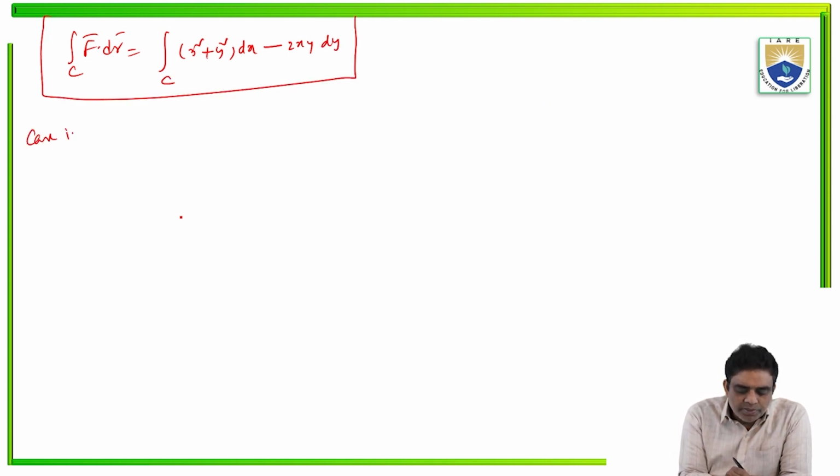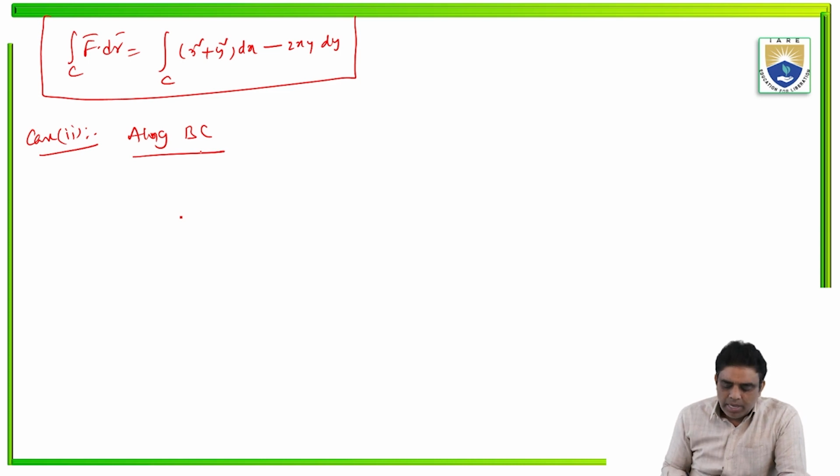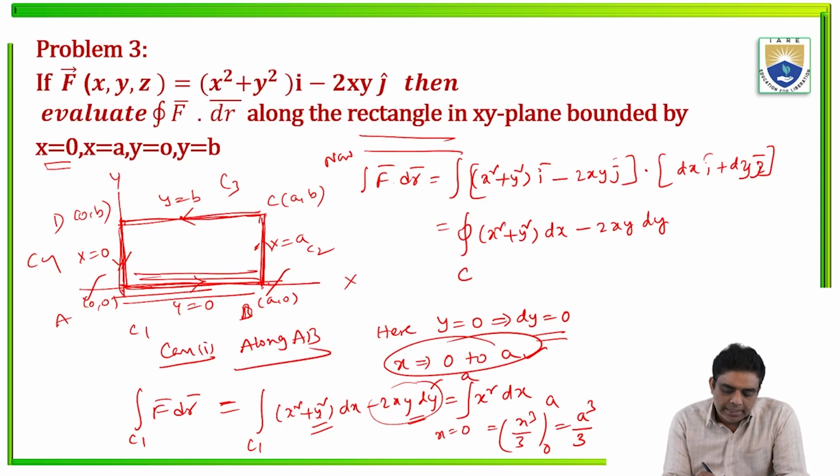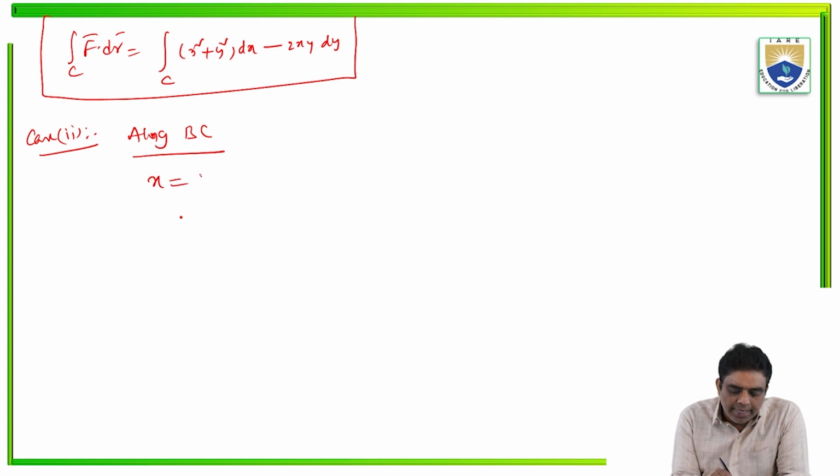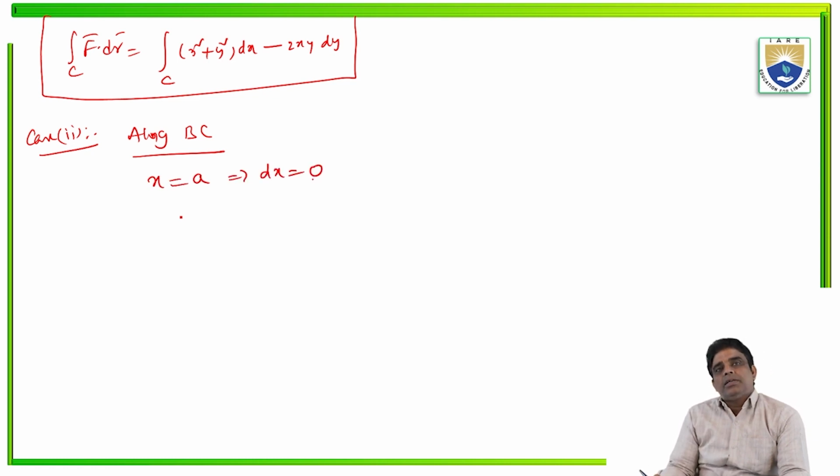Now case 2. Case 2 is along BC. The equation of BC is x is equal to a. Then on differentiating, dx is equal to 0.